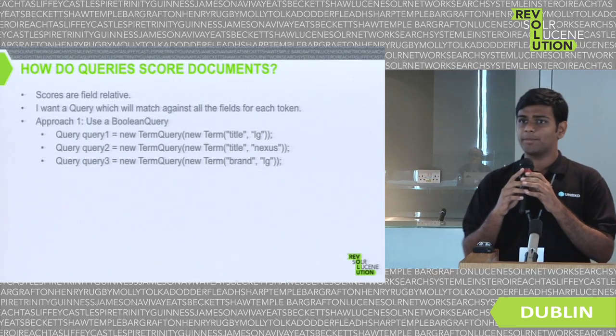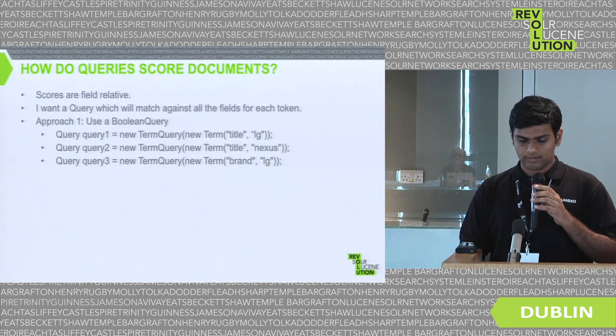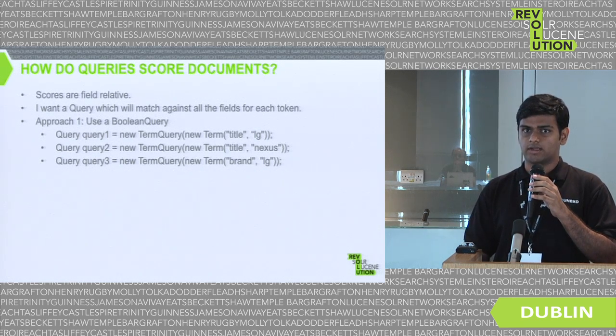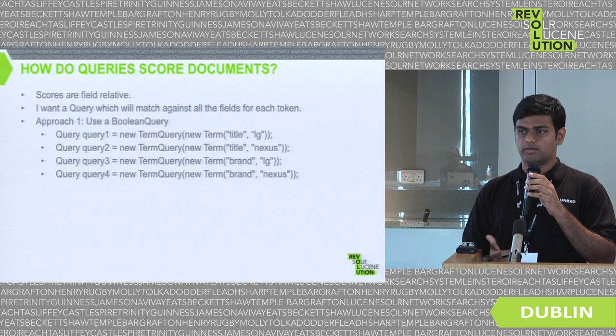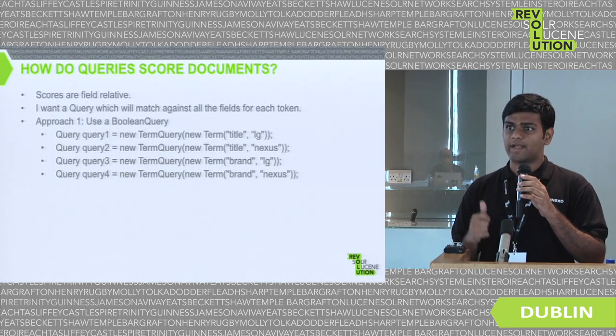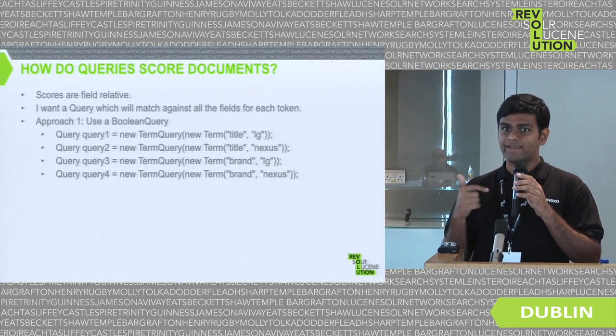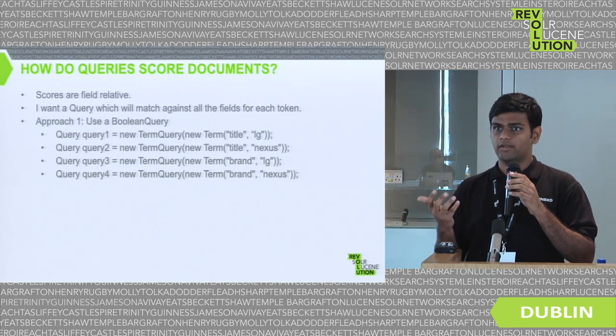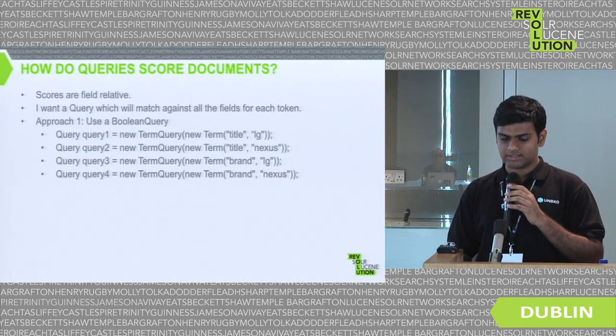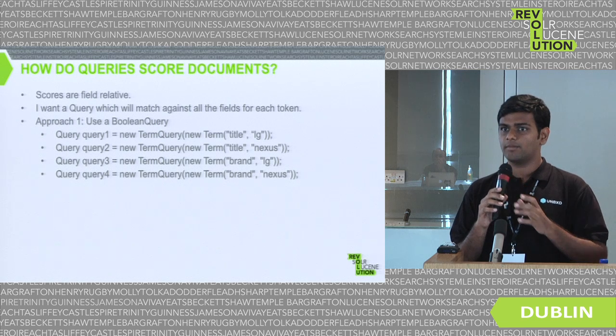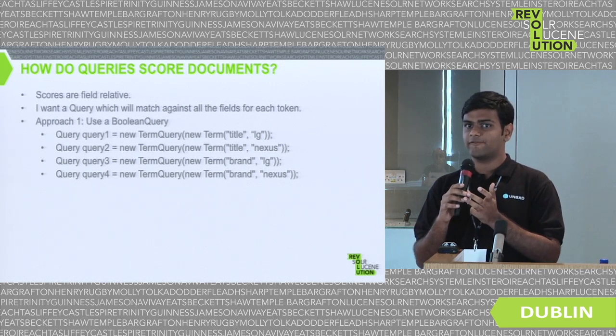What would happen in this case is, all these various term queries formed inside the boolean query, if any of them match, the scores would get added. So the score would be the sum of query 1 through query 4.